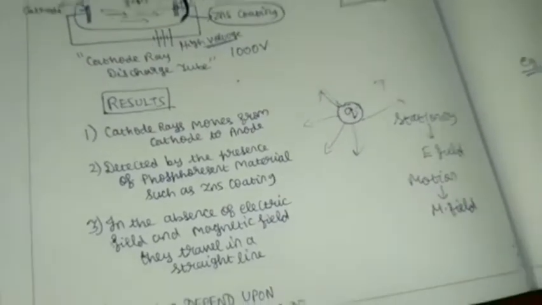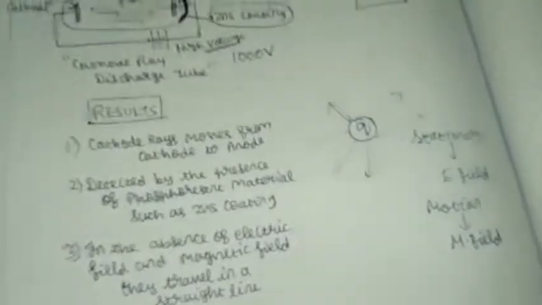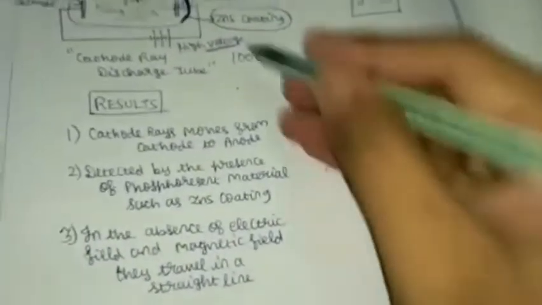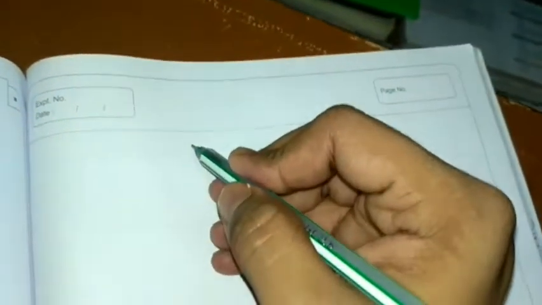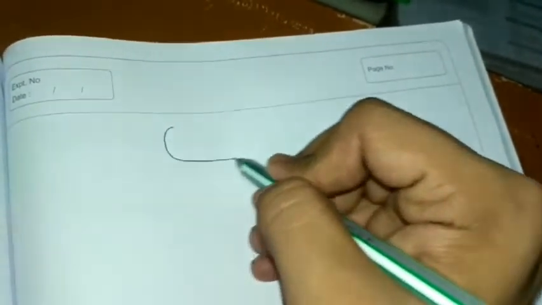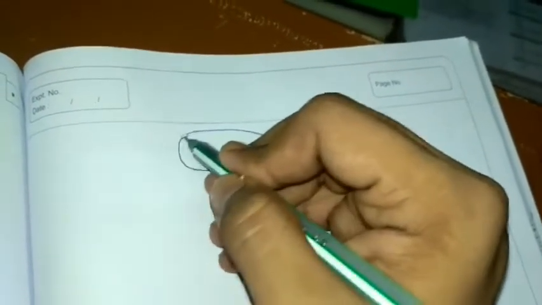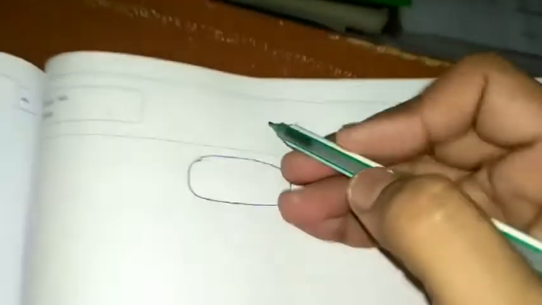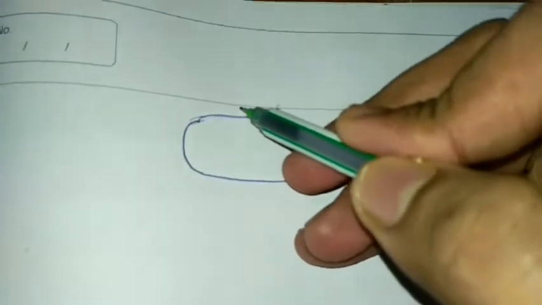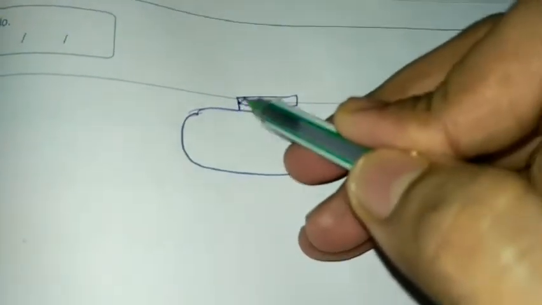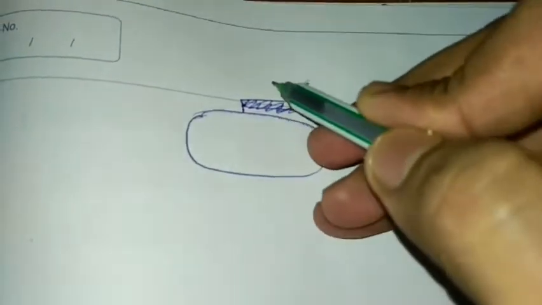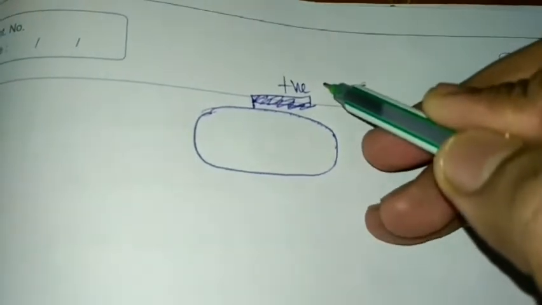So a magnetic field is created around the surroundings. So this is what electric field and magnetic field are. Now you know what happens actually. This is the cathode ray tube. So we keep a positively charged plate. I'm so bad at drawing, so kindly pardon.